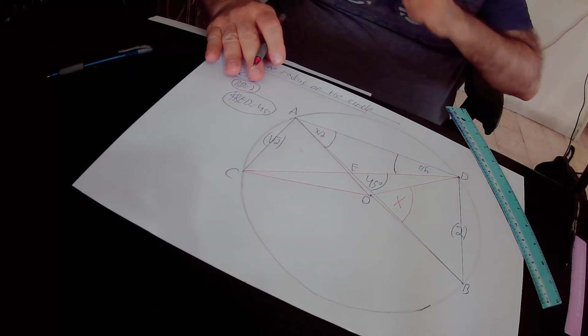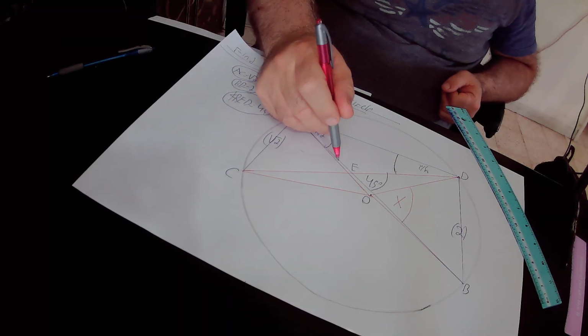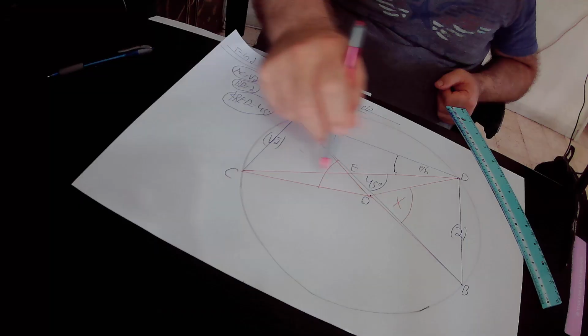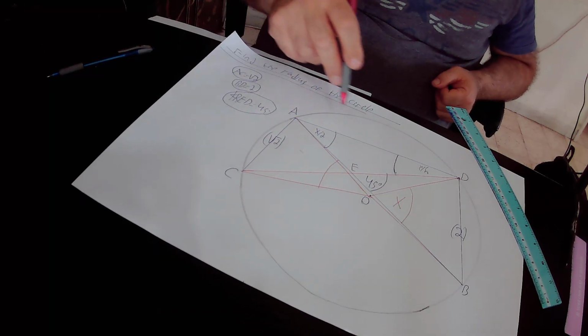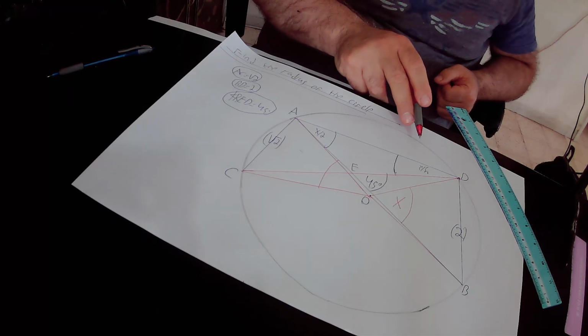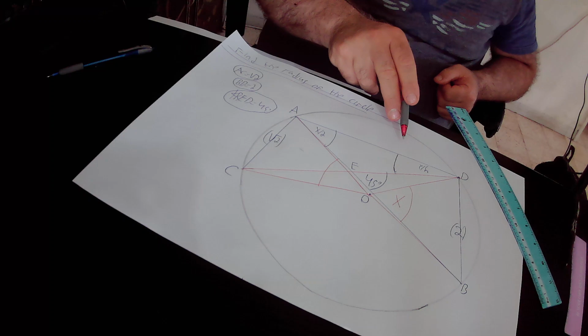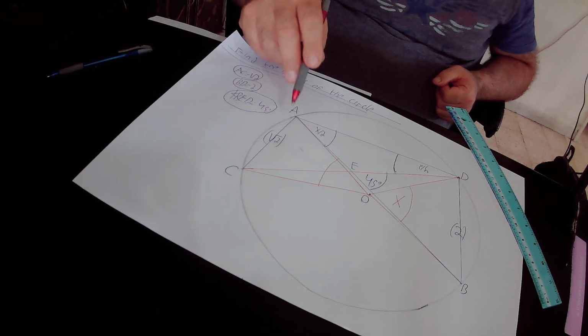By doing this construction, we create central angle AOC, and this central angle AOC is subtended on chord AC, exactly like this peripheral angle ADC that is subtended on the same chord AC.